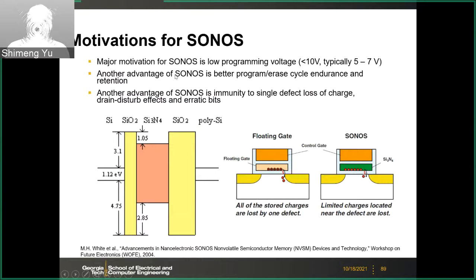So here, the major motivation for this SONOS structure is lower programming voltage, even less than 10 volts, and also it may offer better endurance and data retention compared to the floating gate transistor.